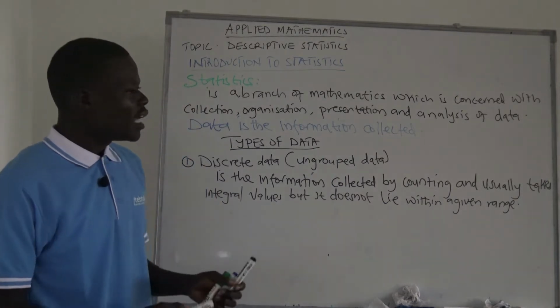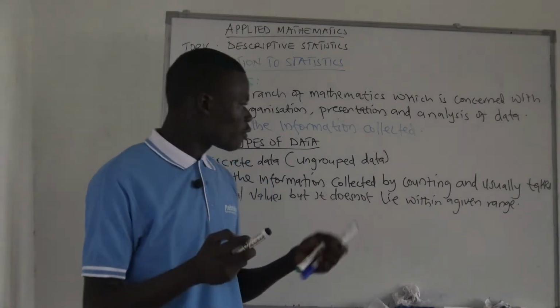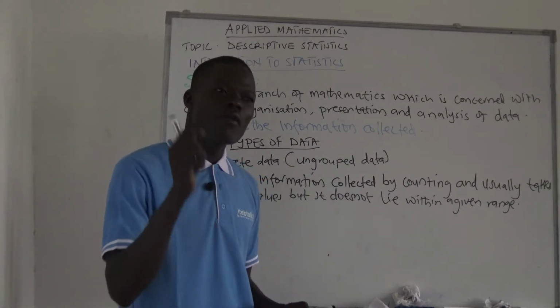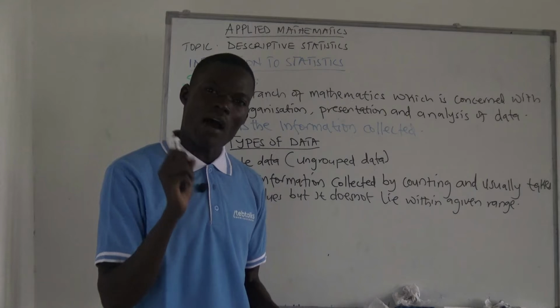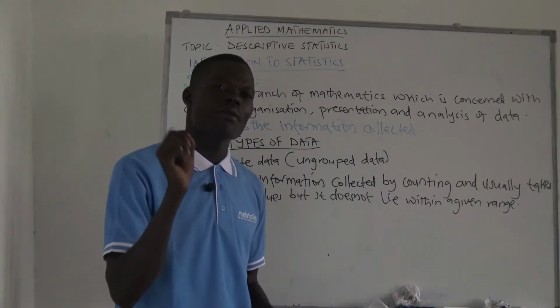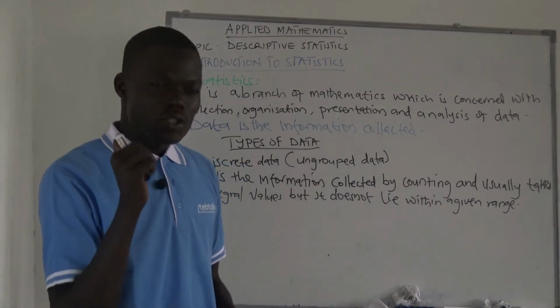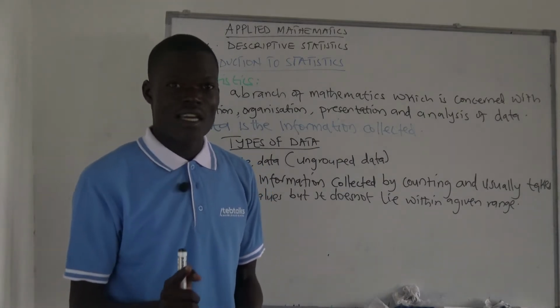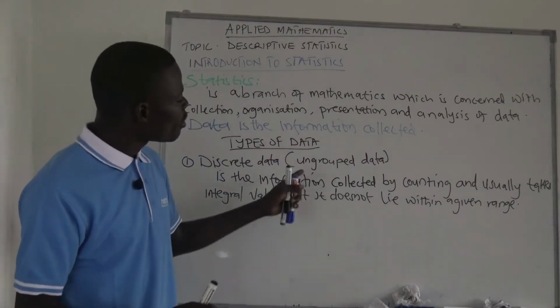So if you are collecting information from, let us say, 100 students, but you are collecting only for those with 16 years, you take only those with 16 years.